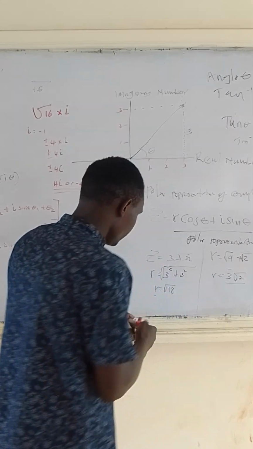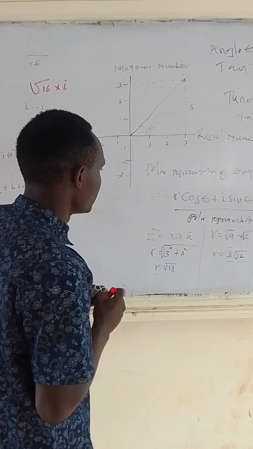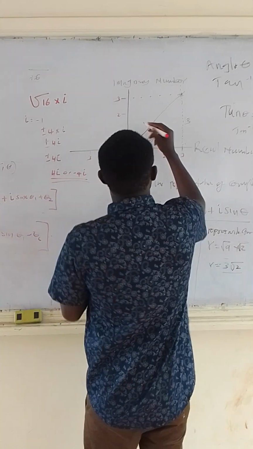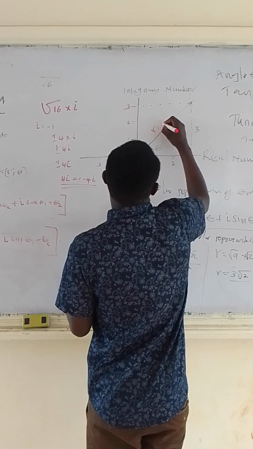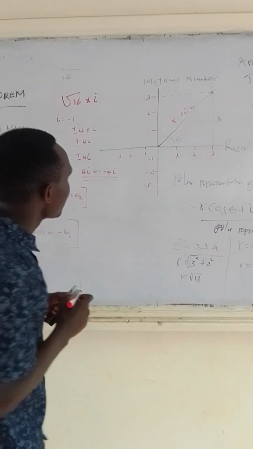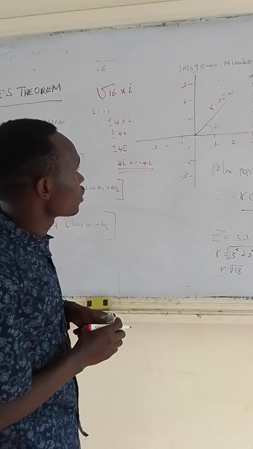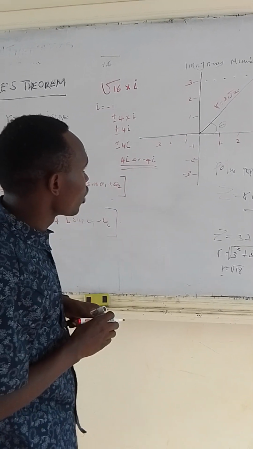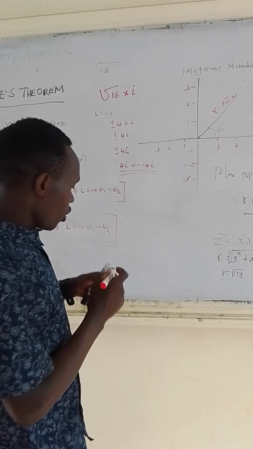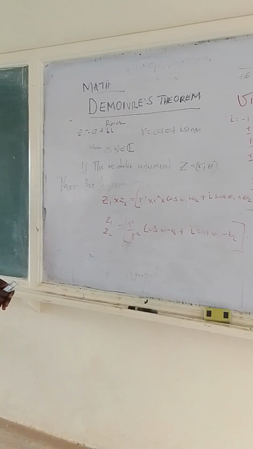For example here, r is 3 root 2, and you get the angle as 45 degrees. So you can represent that complex number in that form.